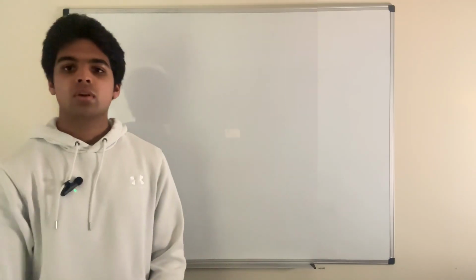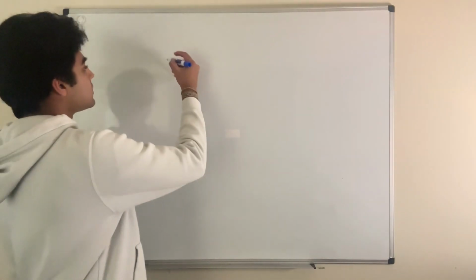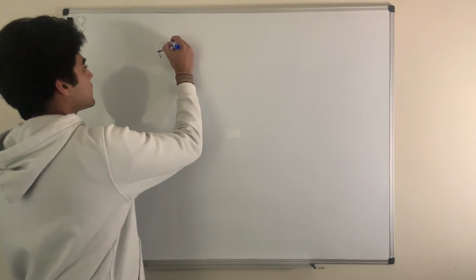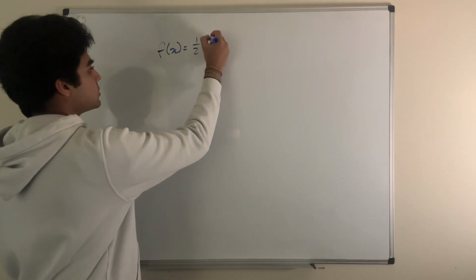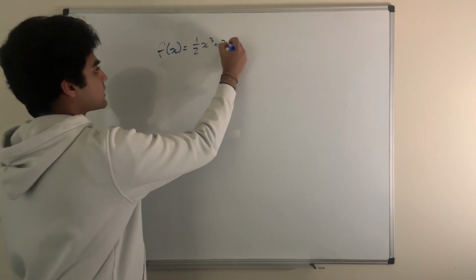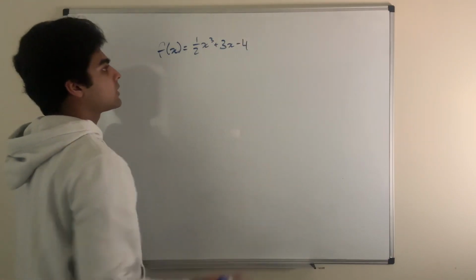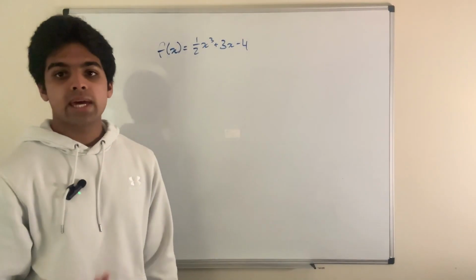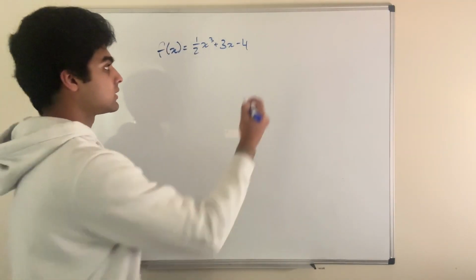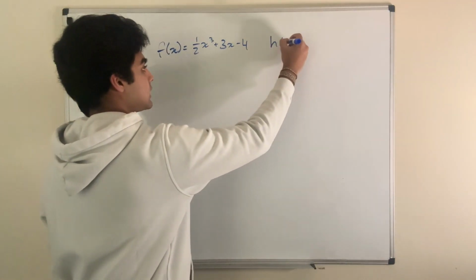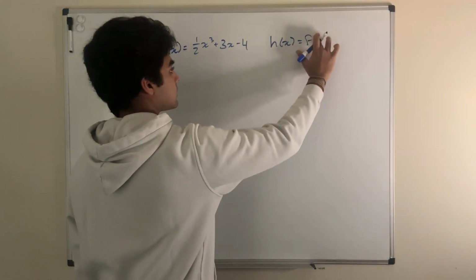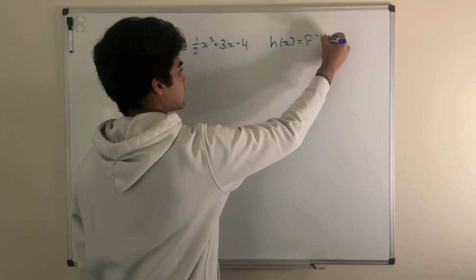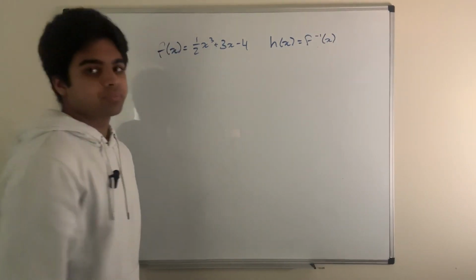the AP exam. Okay, so we have the function f of x equals 1/2 x cubed plus 3x minus 4, okay? And we're also given that another function h of x is going to be the inverse function of f of x, okay?